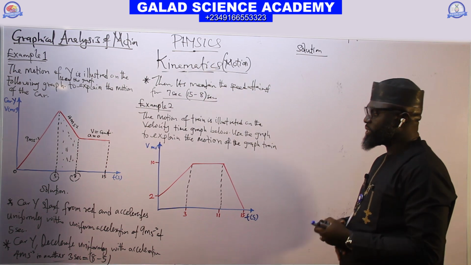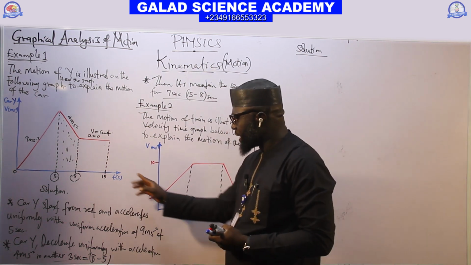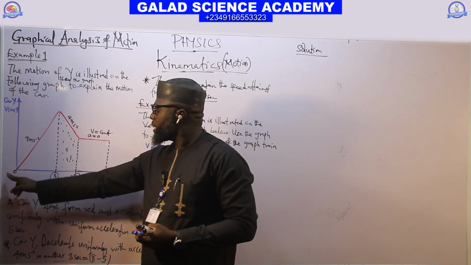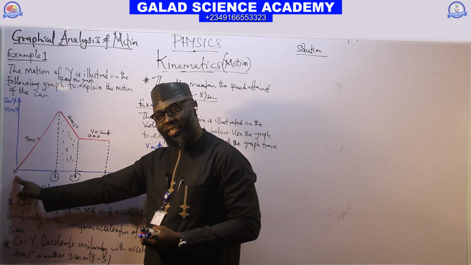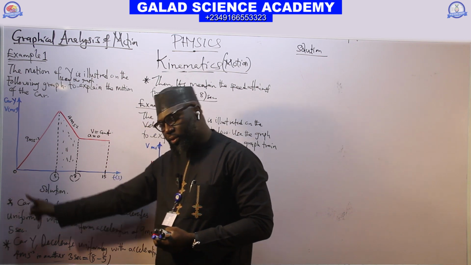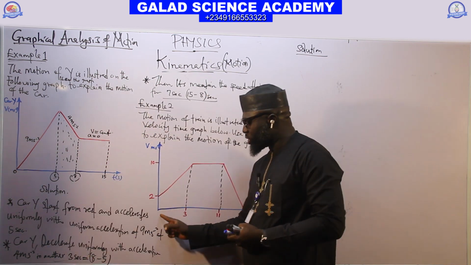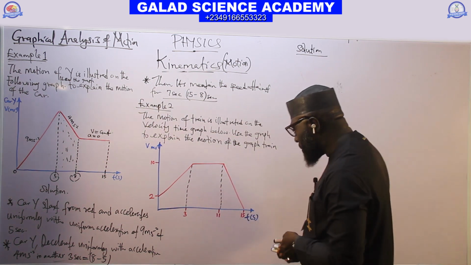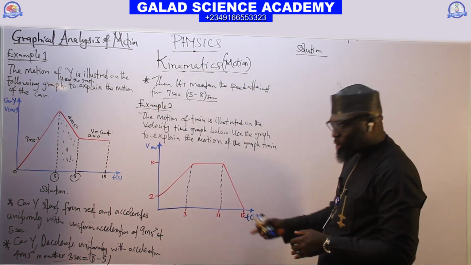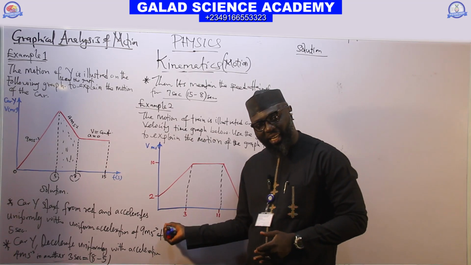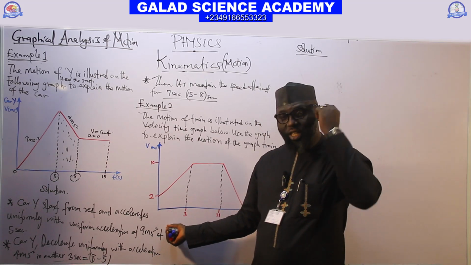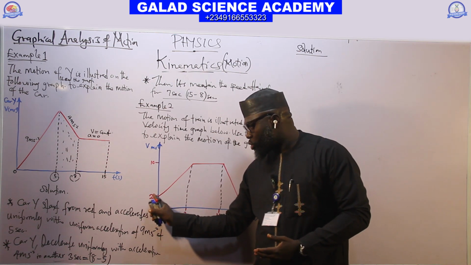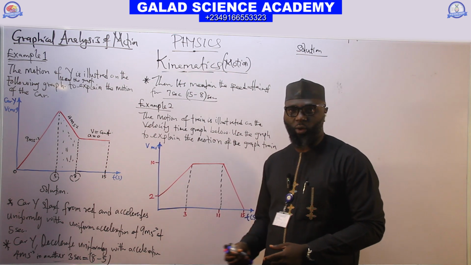You can observe the difference between the two graphs. Here, the car starts from rest, which is zero origin. But here, the train does not start from the origin, it starts from 2. So this simply means the train does not start from rest. It is already moving at a speed of 2 meters per second.